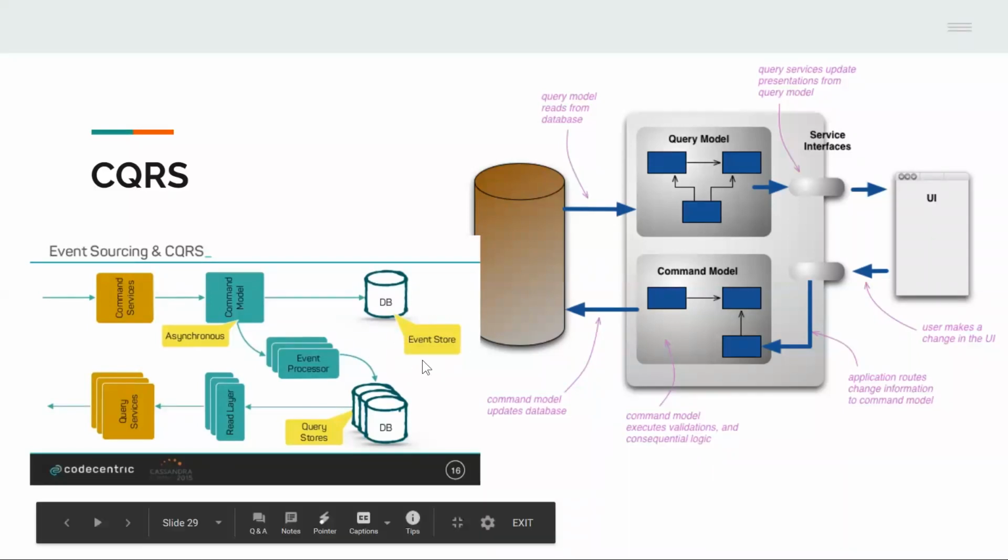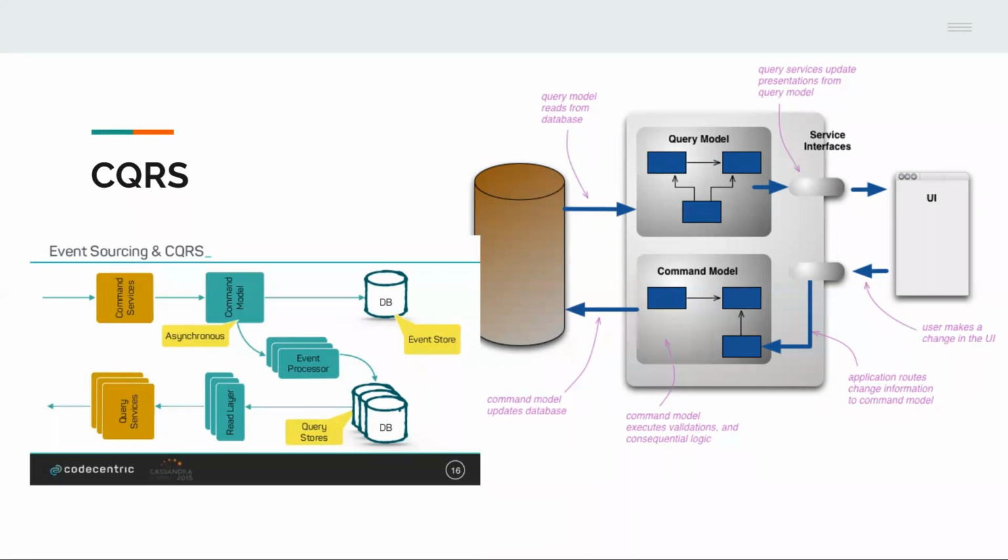Now, why is this important for scale? Well, when you write data in Cassandra, it's writing to many, many nodes and could be many different data centers, right?